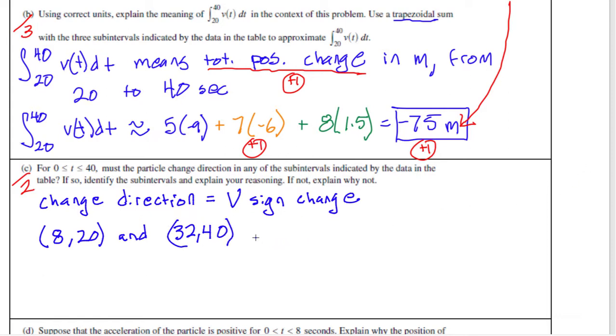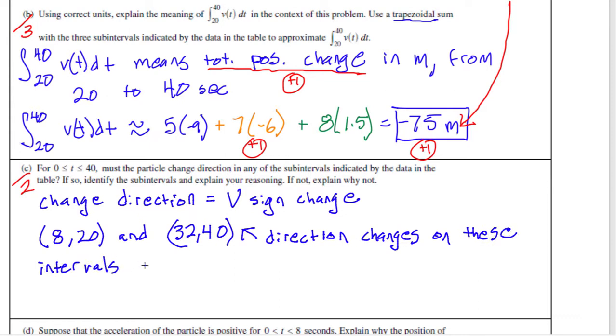So we're going to say for those intervals, direction changes on these intervals, and why? Because v or velocity sign change. Sign, cannot spell sing. Sign change.